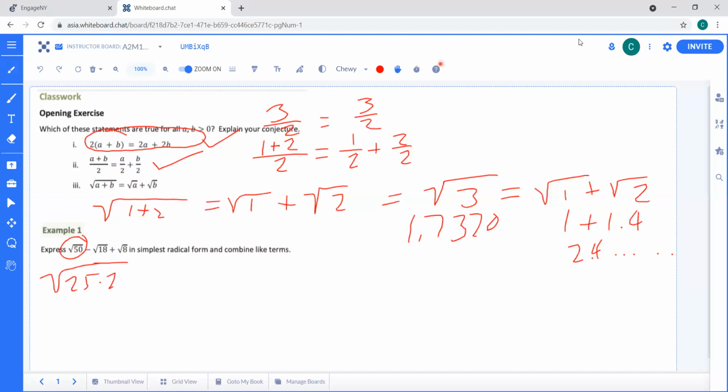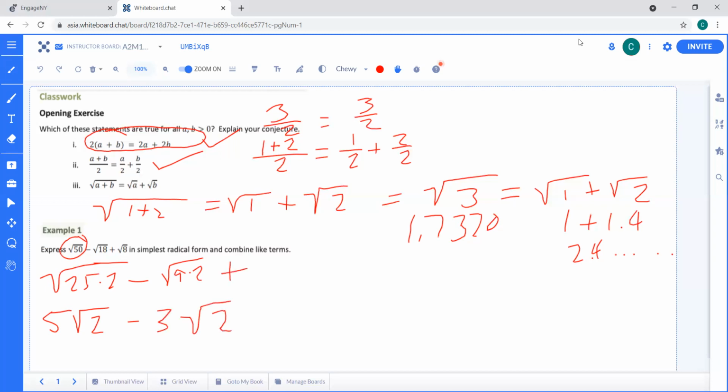Well, square root of 25 is 5, so we're looking at 5 square roots of 2 minus, what about the square root of 18? What can we use for that? Well, we can use 9 times 2. So that would be minus 3 square roots of 2.